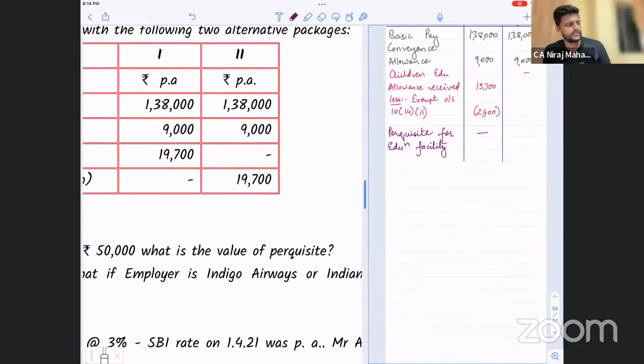Fair market value, 19,700. Other details they have not given us. But 19,700 is for 4 children for the year. Can you give me a figure for 1 child for the month?